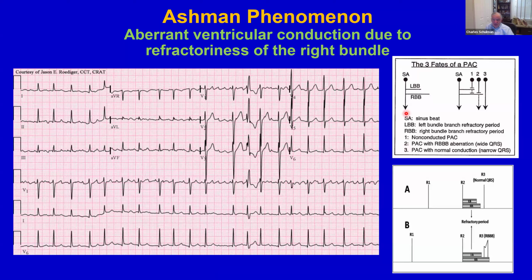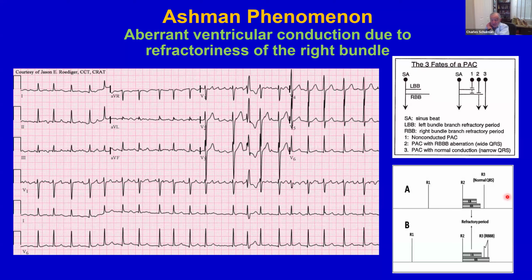If you consider that this is the QRS and this is the QT interval or the refractory period, then the right bundle is longer than the left bundle. And so a premature atrial beat that lands here isn't conducted at all. One that lands here is conducted normally, and one that lands here is conducted with a right bundle configuration.